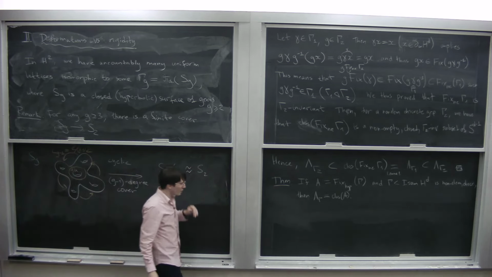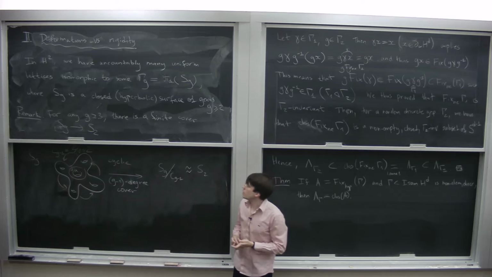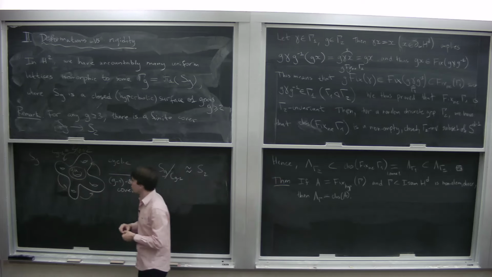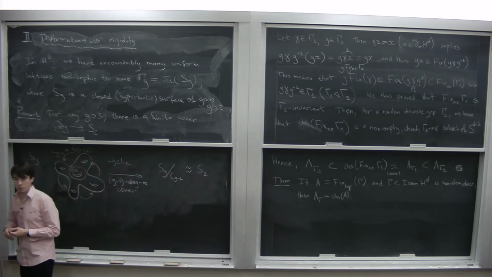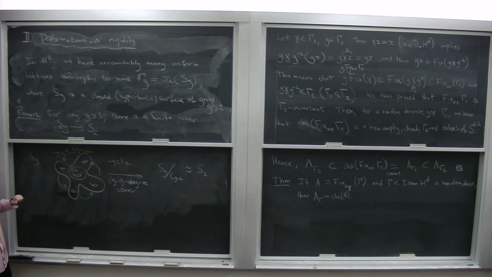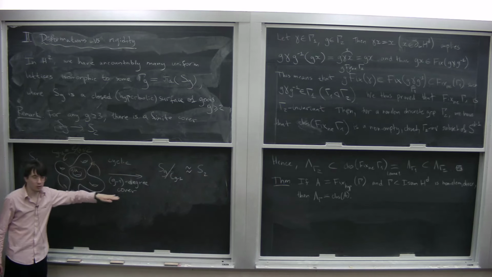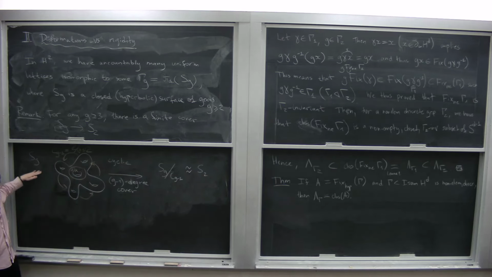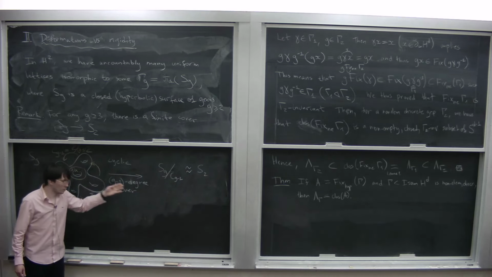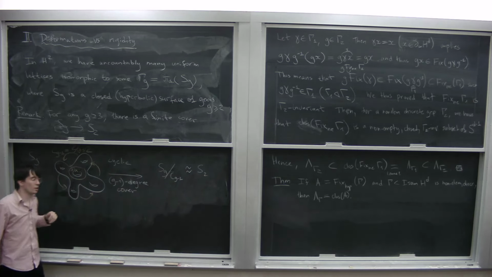Definitely, this means the following. If I fix a hyperbolic metric on S2, then I can find a geometric G minus 1 degree cover SG, also with the hyperbolic metric, such that this now becomes a geometric cover.